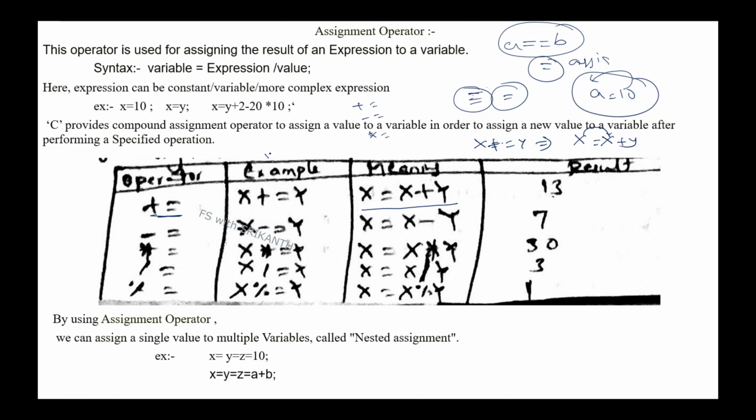X value is 10 and y value is 3, so we get 13. X minus equal y, we get 7. The same way for multiplication and modular division also. But the assignment operator is in the sense assigning the value.